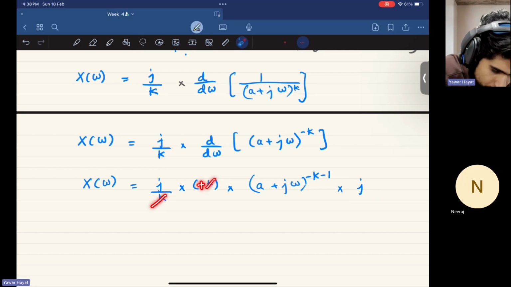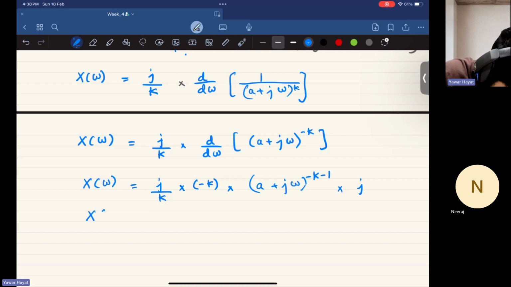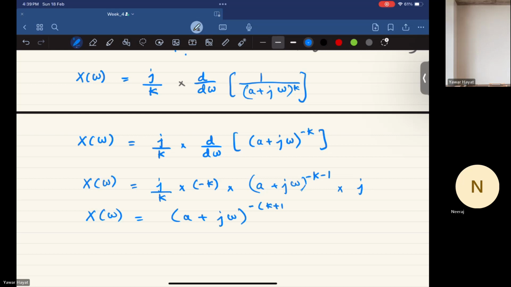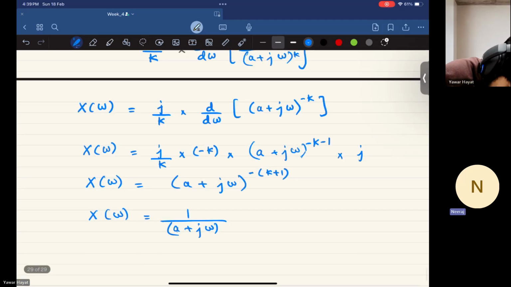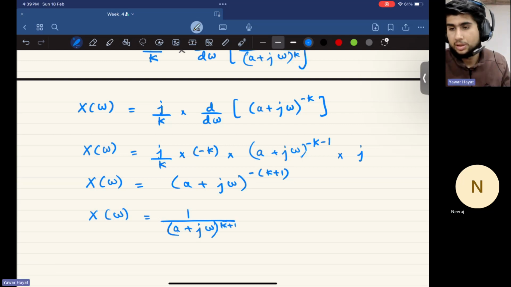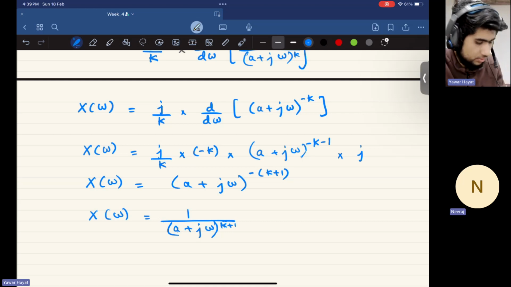So I hope you understand that we'll have x of omega as, essentially everything goes away, 1 by (a plus j omega) with exponent k plus 1. So that is what we needed to prove.